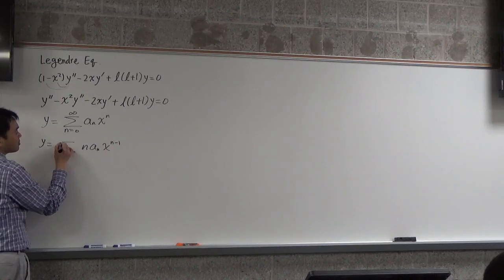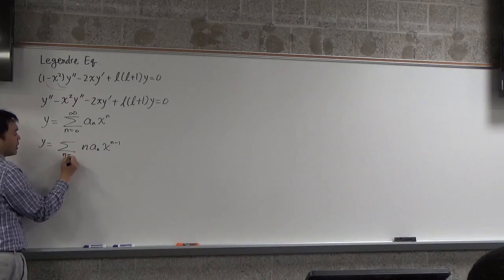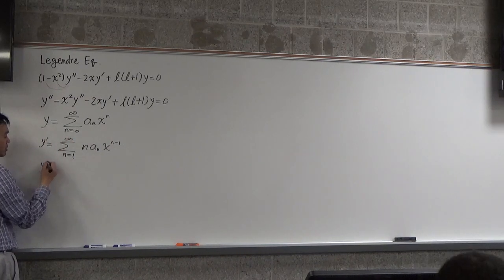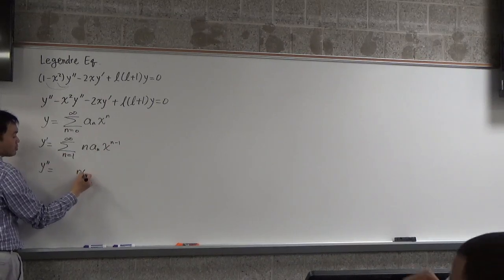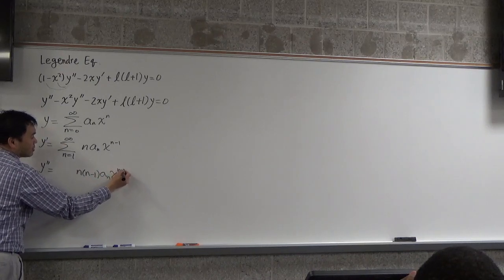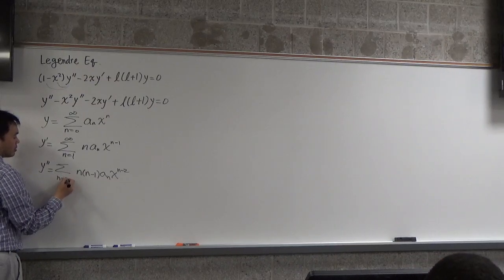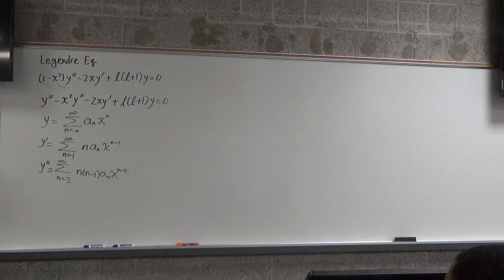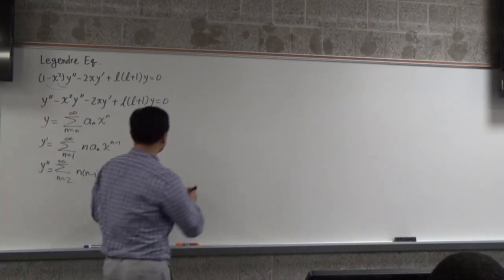And because the very first constant term disappears when you differentiate, n starts from 1. That's y prime. For y double prime, differentiating again brings down an n minus 1, and you get x to the n minus 2. Another constant term disappears, so now you start from n equals 2. And these are the things that you plug in.